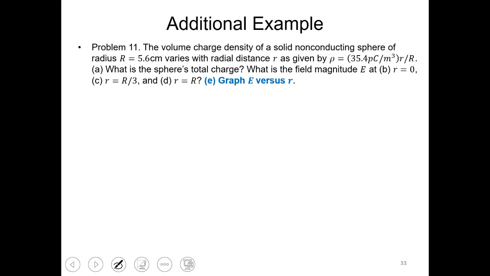So finally, graph E versus small r. It will be something like this.